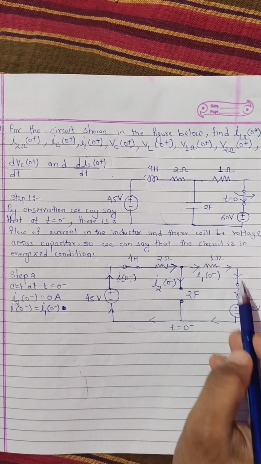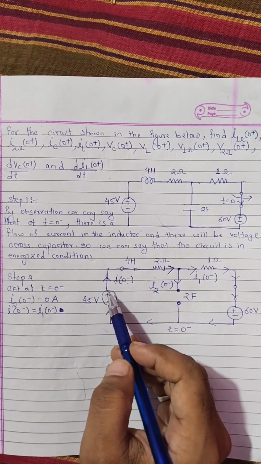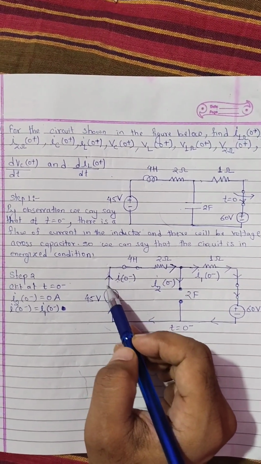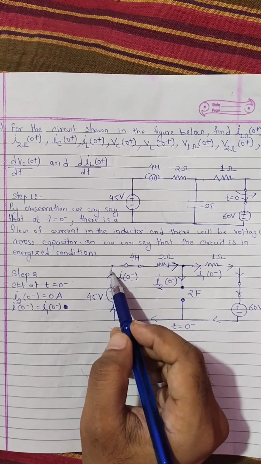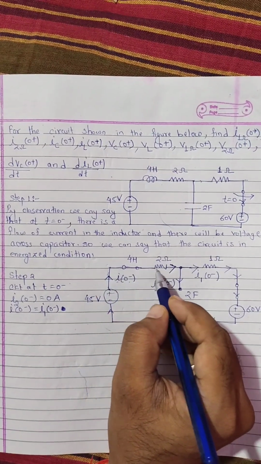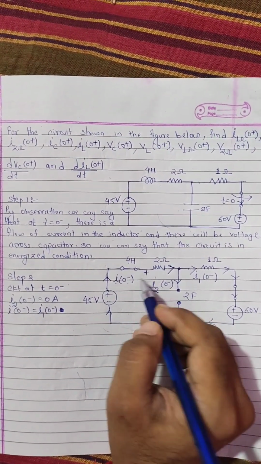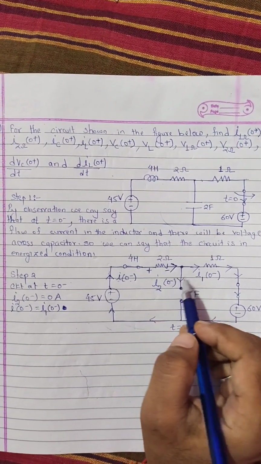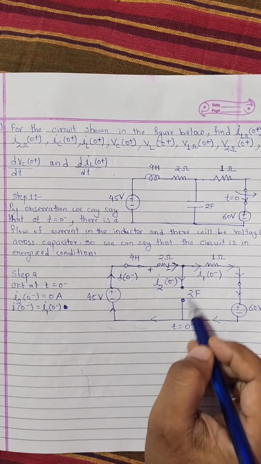To use KVL in this closed path, we need polarity, and we can find polarity with the help of the direction of the current. Current enters this resistor, so here will be positive, and current exits from this 2 ohm, so this point will be negative. Similarly, physically there is a capacitor.